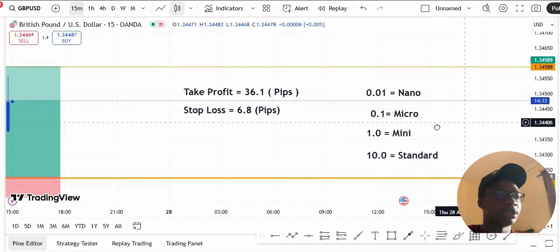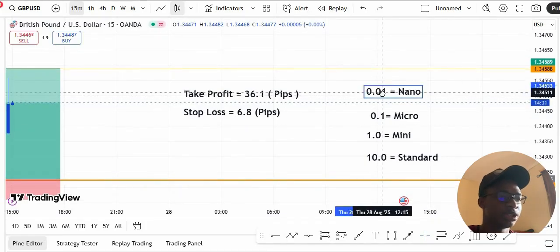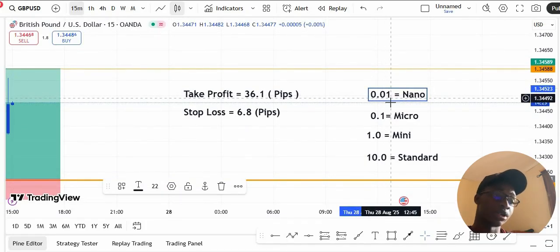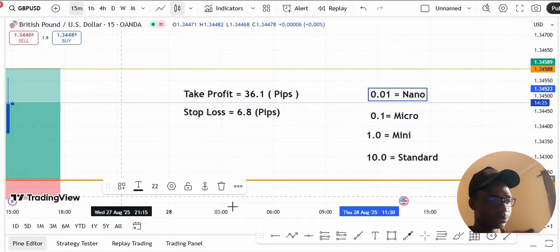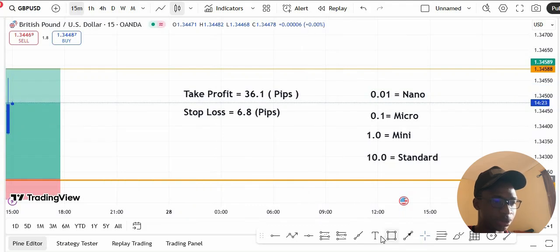Let me show you guys. Before the 0.01 lot size gets to 0.1, it moved. How did it move? It moved this way.